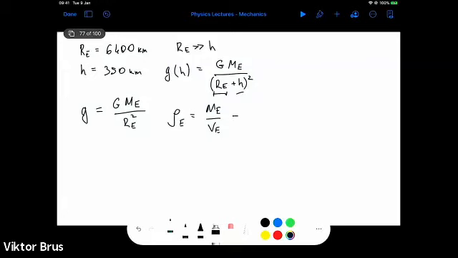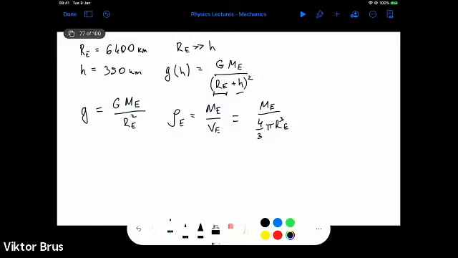The volume of a sphere, and our planet is pretty much a sphere, can be defined as 4/3 pi r cubed, where r is the radius of the Earth. So the density is the mass of the Earth divided by 4/3 pi r cubed.